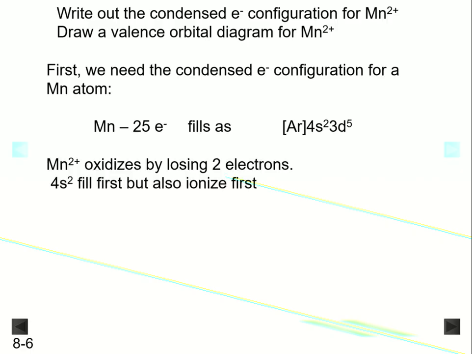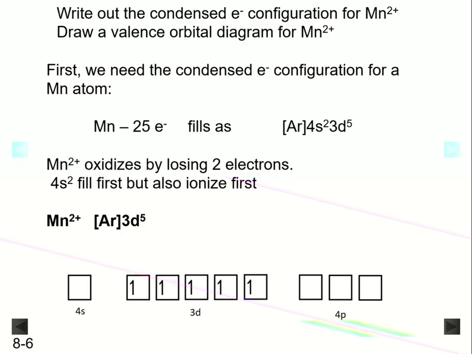Manganese 2 plus forms by losing 2 electrons, and though the 4s2 fill before the 3d5, they also ionize first. So we have an electron configuration for the manganese 2 plus cation of argon 3d5, written in a condensed format. Now we need an orbital diagram, and in this case, our 4s and 4p are empty, but the 3d orbitals all have an electron in them.